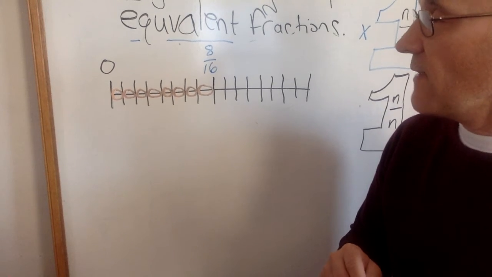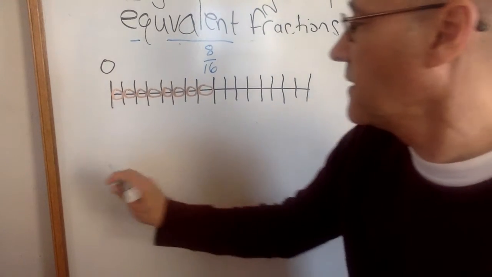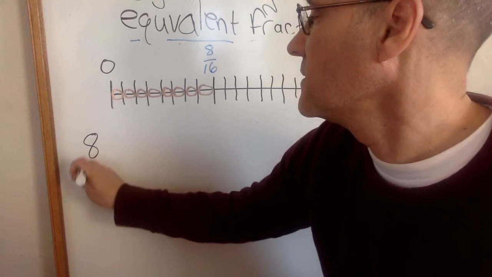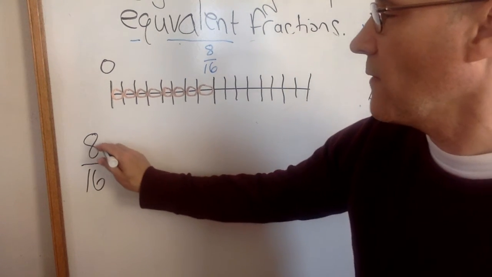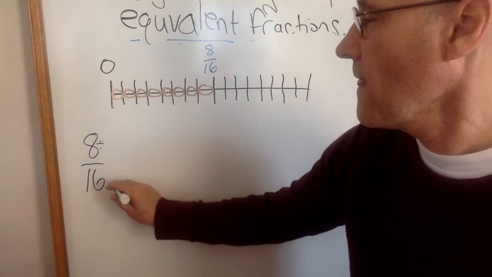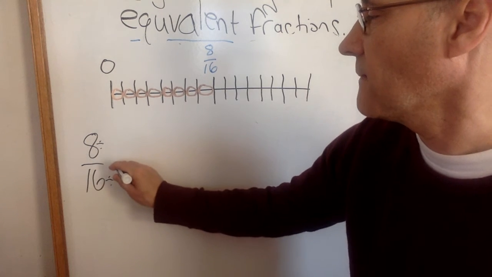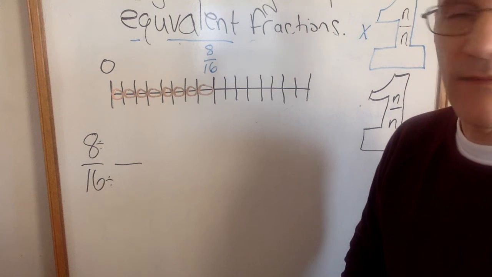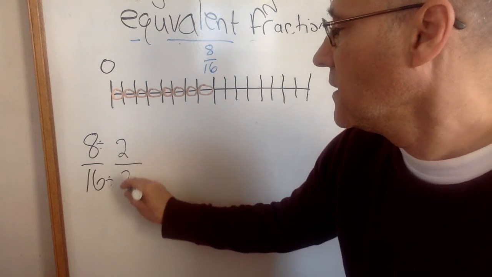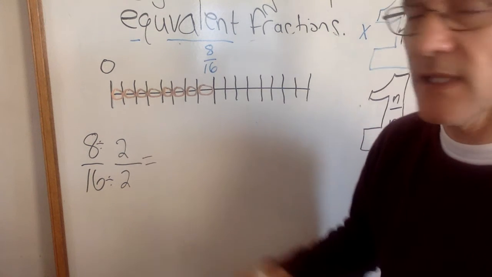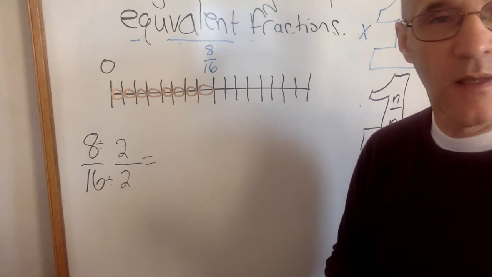All right. So we have 8/16. What's something I can divide both the 8 and the 16 by? Well, I can divide them both by 2. Dividing by 2 means how many 2's are in there.